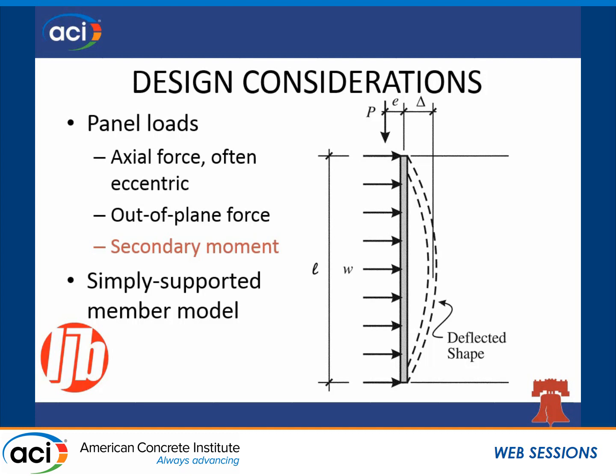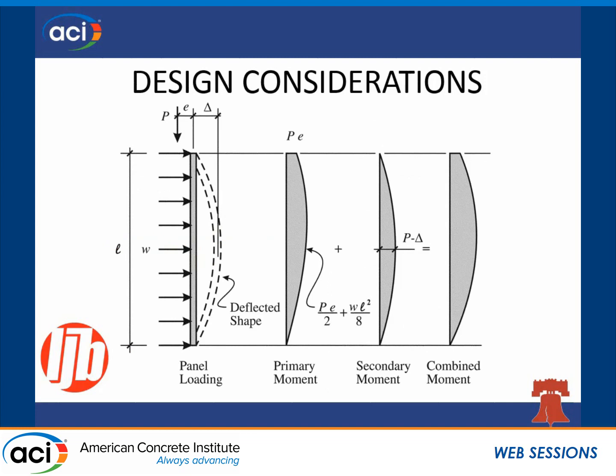In general, as engineers, we're considering a simply supported model of our panel. That is, it's pinned at the base, it's pinned at the roof, or whatever support may be at the top of the panel. So it really acts like a simply supported beam. In looking at the combination of those forces, the primary loads are the eccentric axial force and the out-of-plane pressure and suction on the panel.